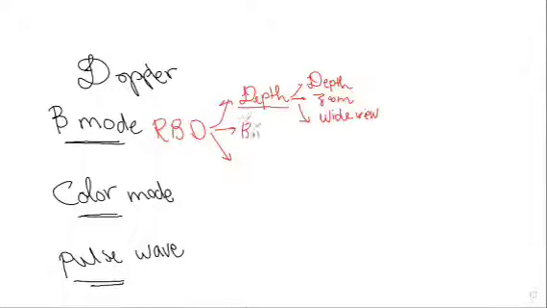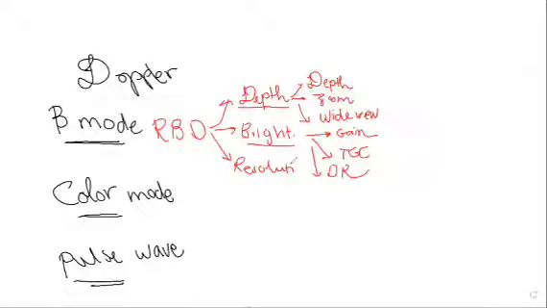Then the brightness or the gain. We have the gain itself or the overall gain. We have the TGC, also the gain, but here sector by sector in your image. And something very interesting, the dynamic range or the contrast. So that was the brightness. Lastly, the resolution, and we can control this by the frequency.